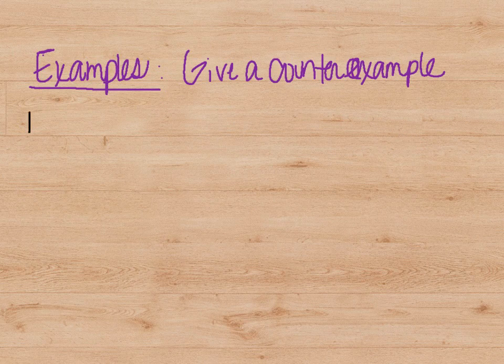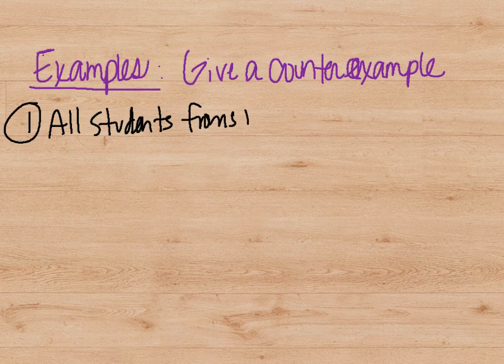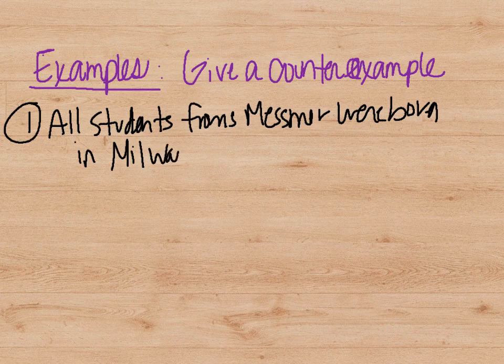Okay, so for example, let's take a look at what you might see on your homework. So let's say that you had something that said all students from Messmer were born in Milwaukee. Now we know that that's not true. It could be true in some cases, but it's not true in all. So since it's not true in all, this is not a true statement.